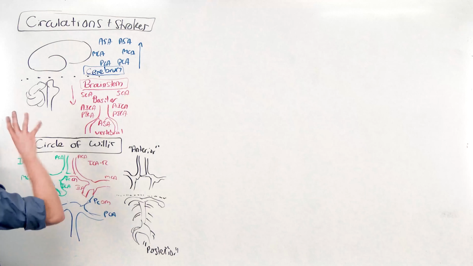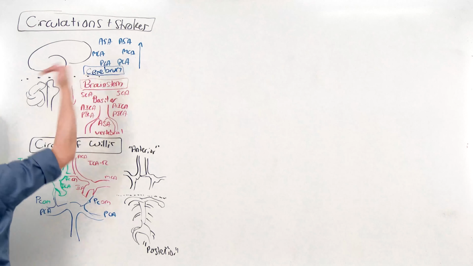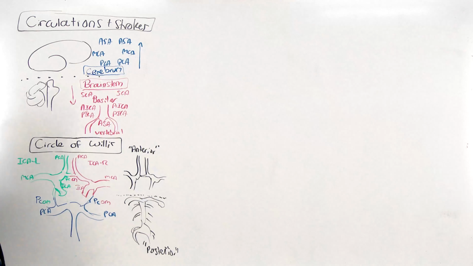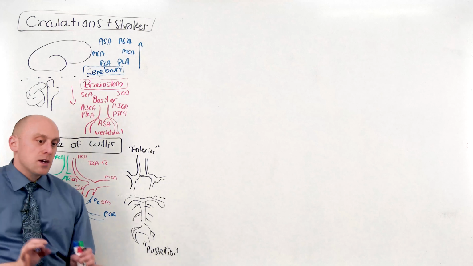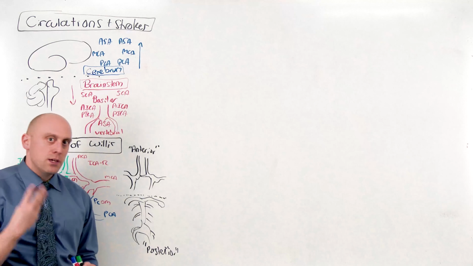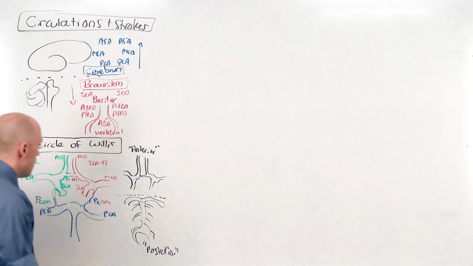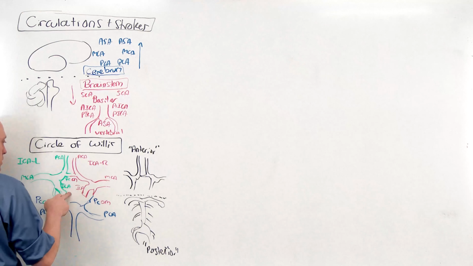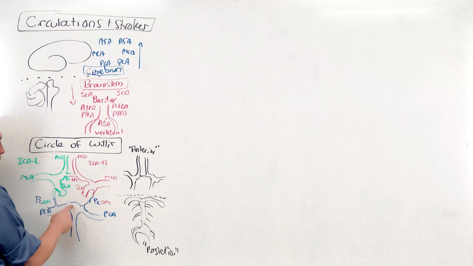And so instead, what I want you to see, because of the PCOM business, is that there are actually 3 sources of blood. There is a right internal carotid artery, a left internal carotid artery, and a basilar artery.